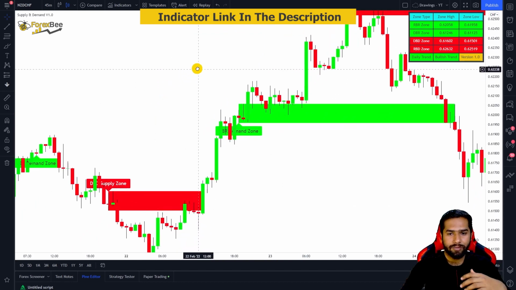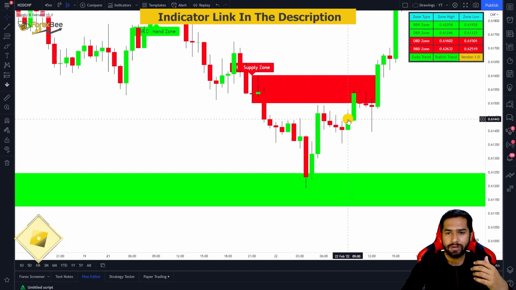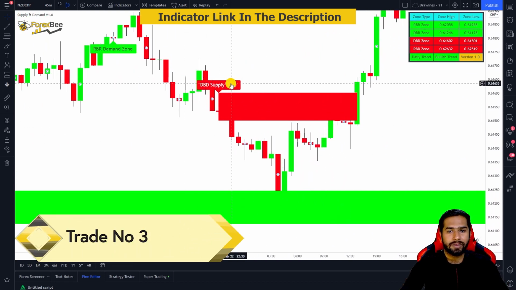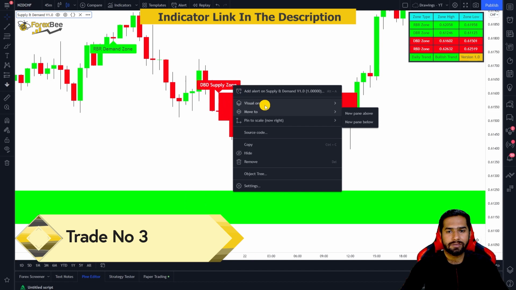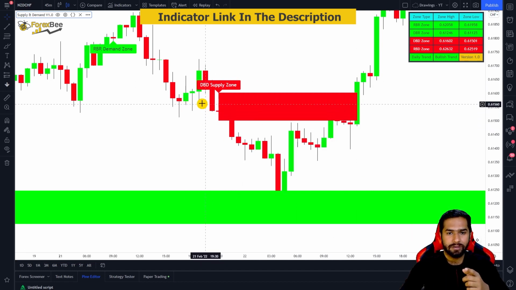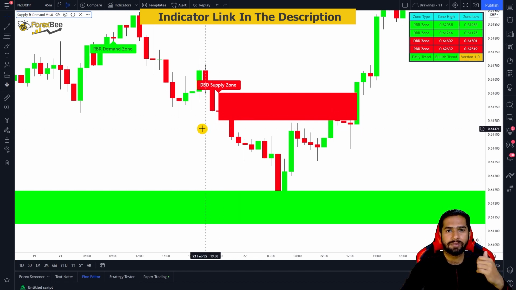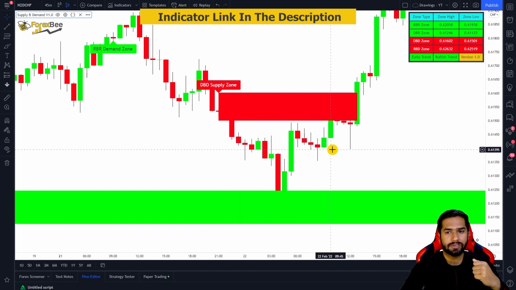And let me just go back and show you another signal. Here you can see that the indicator is showing us a base drop supply zone. And as I just said in the case of the previous supply zone, in this supply zone the market will come back in order to pick the pending orders, which it did here.